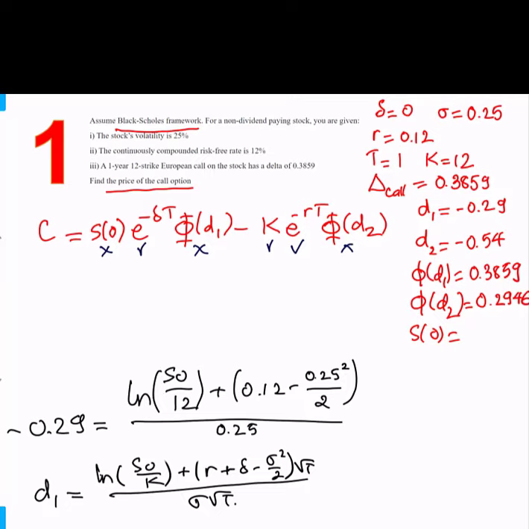And just solve this equation for S0. This is an equation of one single variable, a very easy equation. So just use your calculator.